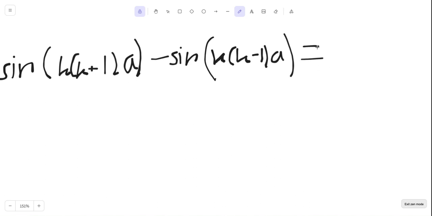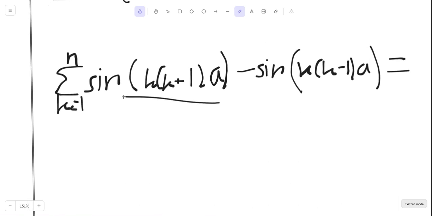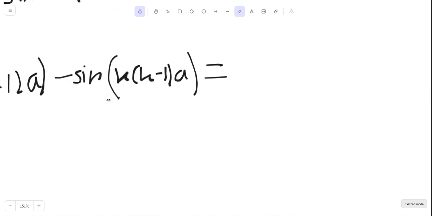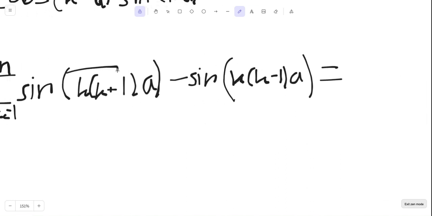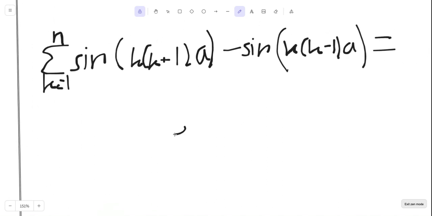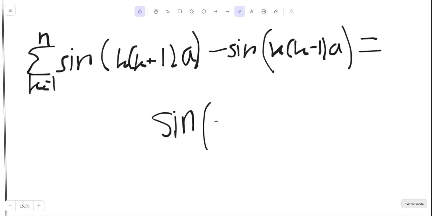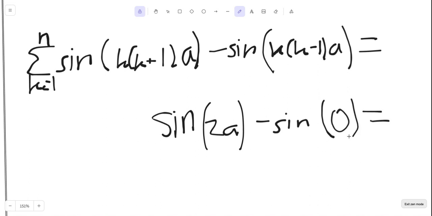And what is this equal to? Well, if you increase k by 1, this becomes k plus 1 times k plus 2, while this becomes k plus 1 times k, which is the term here. So for k equals 1, it would be sine of 1 times 2a, minus sine of 1 times 0a.